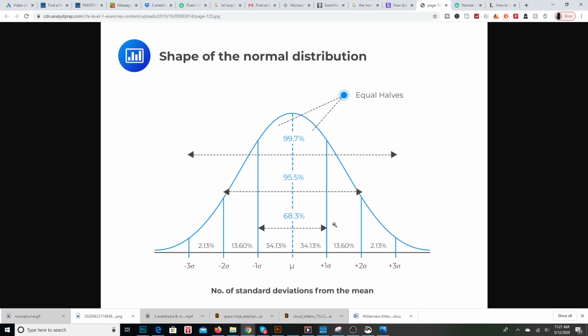A whole variety of problems can be solved if we know that a population is normally distributed. Again, we have to know that it's normally distributed, which makes this pretty easy. The moment it says normally distributed, then you focus on this chart that you see in front of you, the shape of a normal distribution curve, right? Which is 68.3 for one standard deviation, 95.5 for two, 99.7 for three.